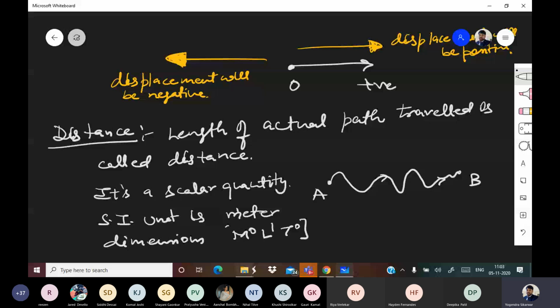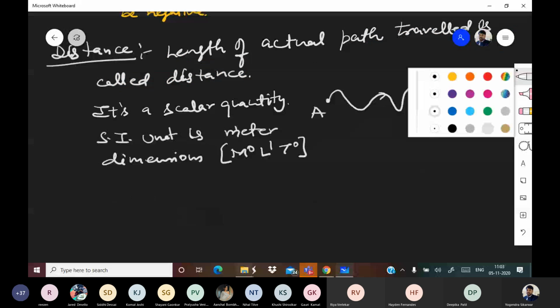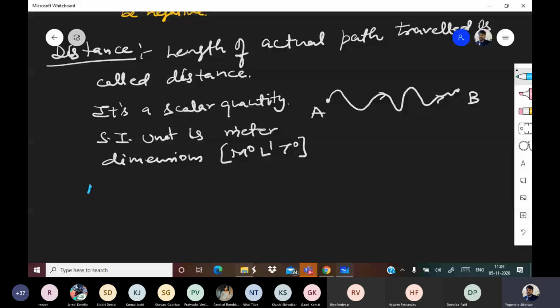Some key points. Distance can never be negative. Okay. Now what does it mean? Try to understand.